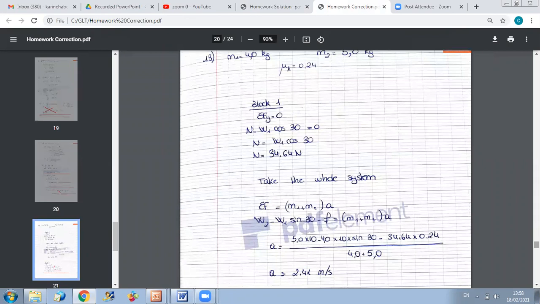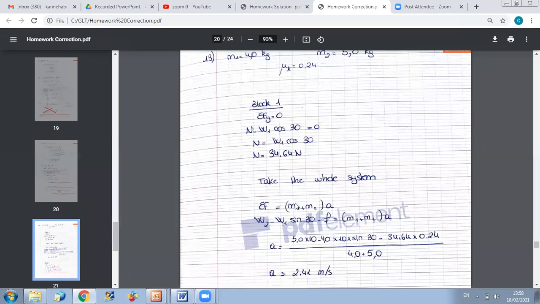You can take the whole system. Here Joud did the method of taking the whole system, so we do a projection along UT. So sum FT equals MAT.